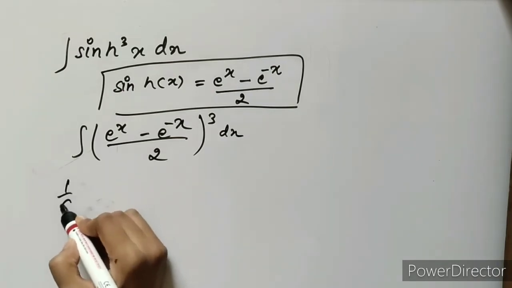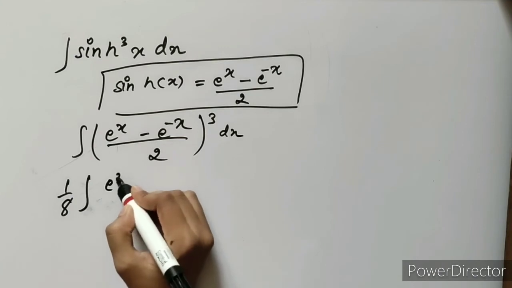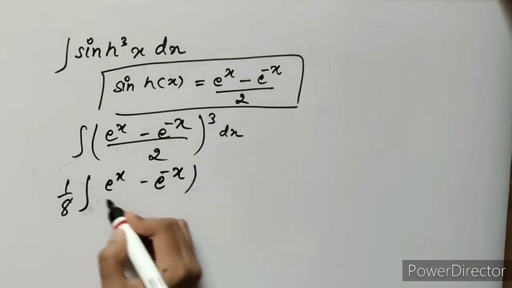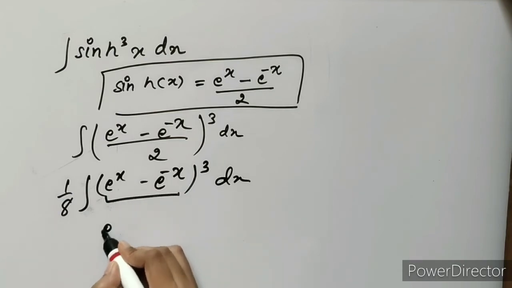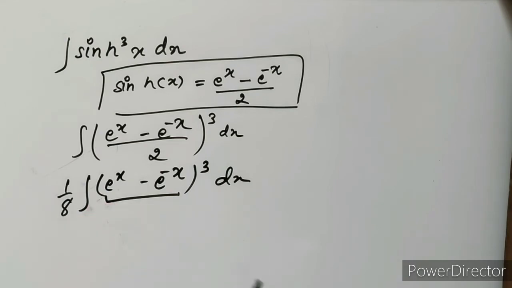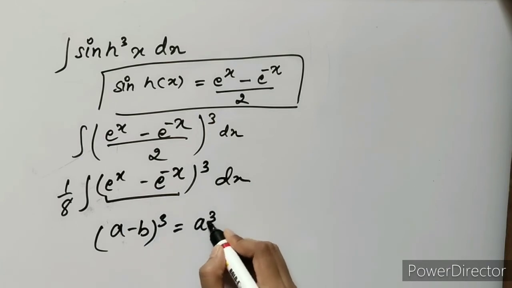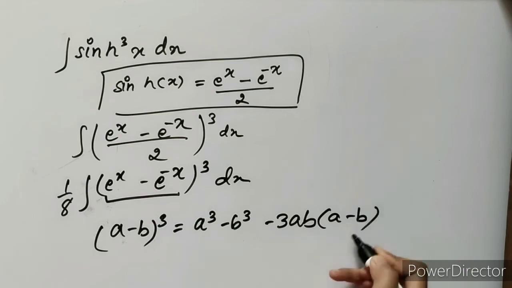In a similar way we will put 1 by 8 outside of the integration and we will put the identity of the whole cube over this section. First of all let me write the identity over here. It will be (a minus b) whole cube is equal to a cube minus b cube minus 3ab into (a minus b).